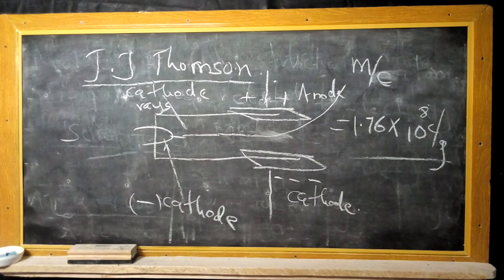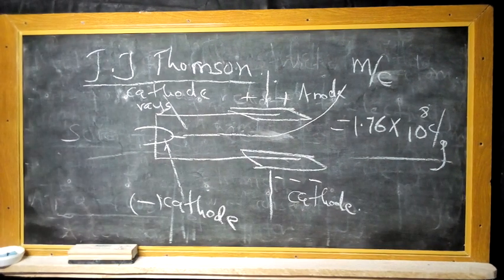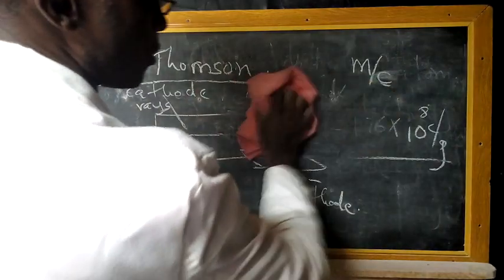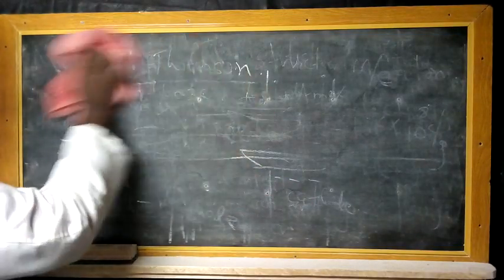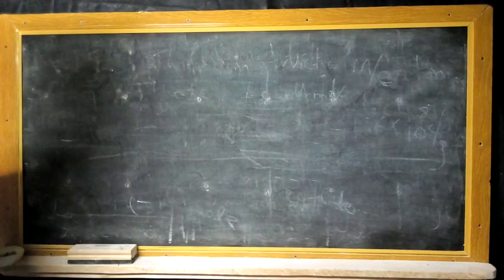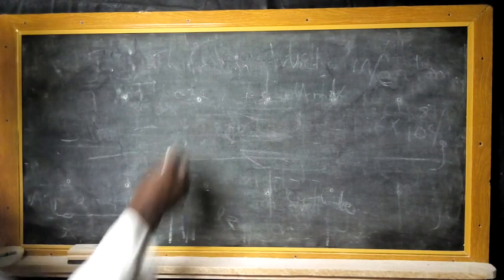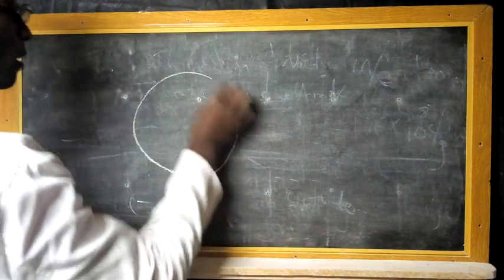Now, from his conclusion, Thomson came up with what we call a visual representation of what an atom looks like, and they called this the Plum pudding model of an atom.